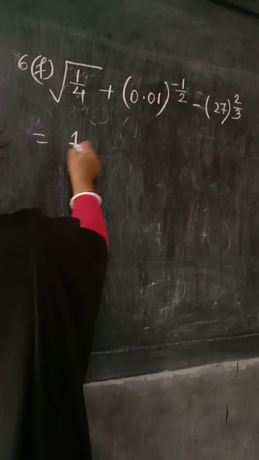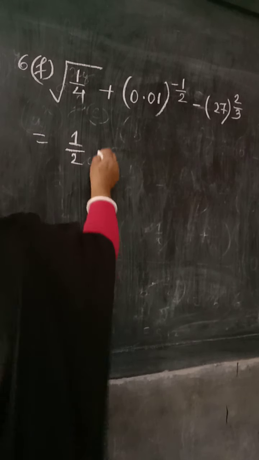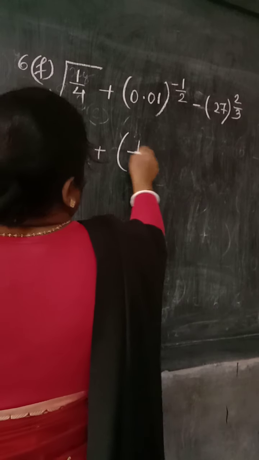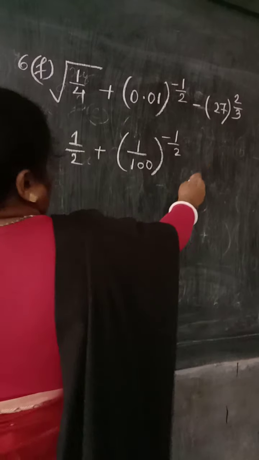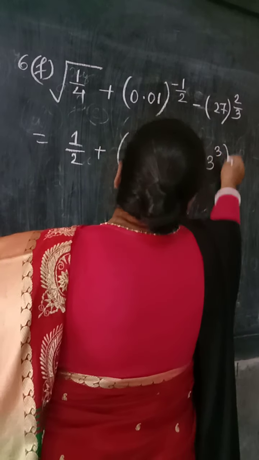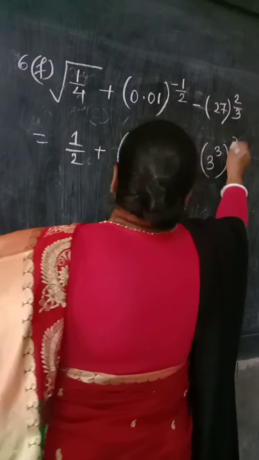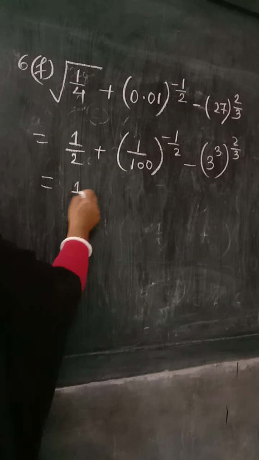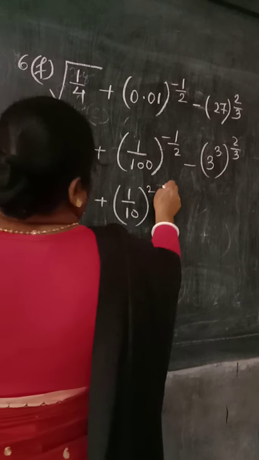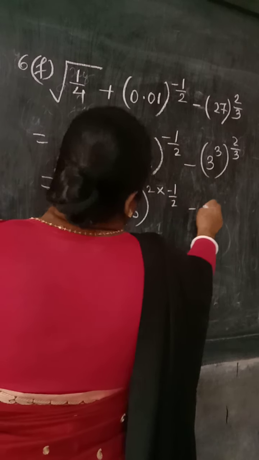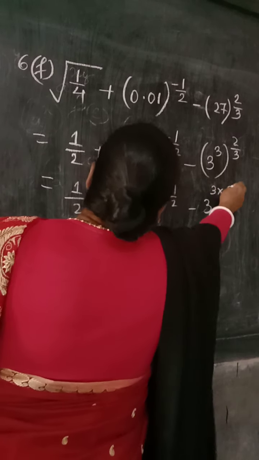May I write it, square root of 1 by 4 is 1 by 2 and 0.01 is 1 by 100 to the power minus 1 by 2 and 27 is 3 cube to the power 2 by 3. Now once again, 1 by 2 plus (1 by 10) whole square into minus 1 by 2 minus 3 to the power 3 into 2 by 3.